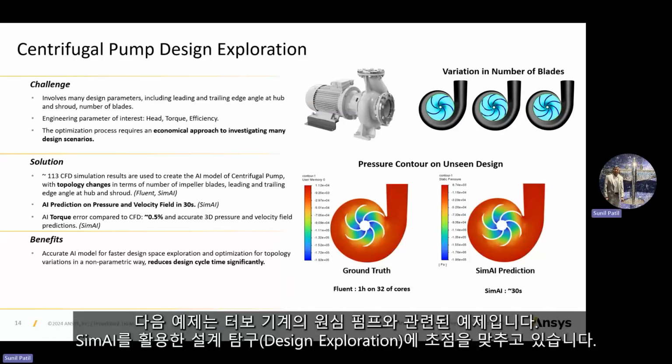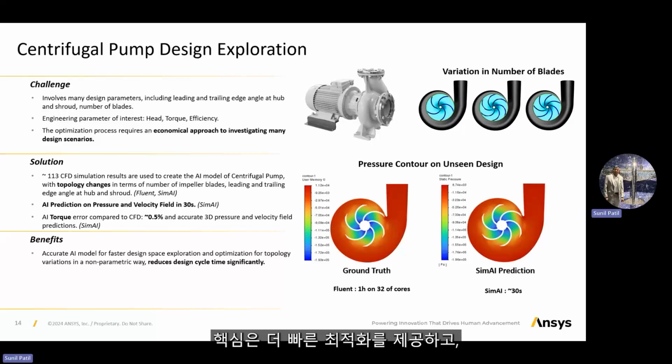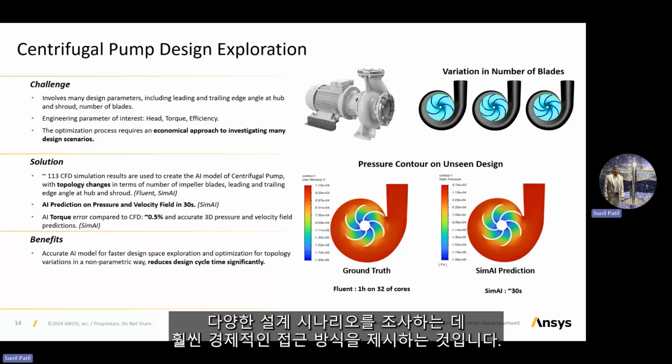The next example is a turbomachinery example of a centrifugal pump, and especially the use of SimAI for design exploration. The key here is to provide a faster optimization, a much more economical approach to investigate many, many different design scenarios.